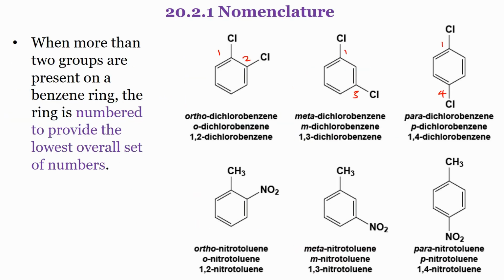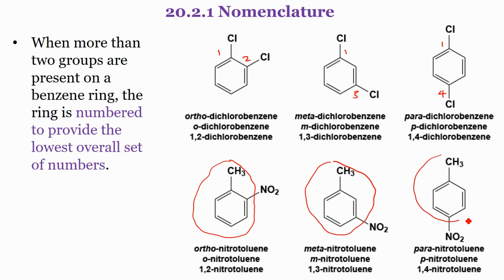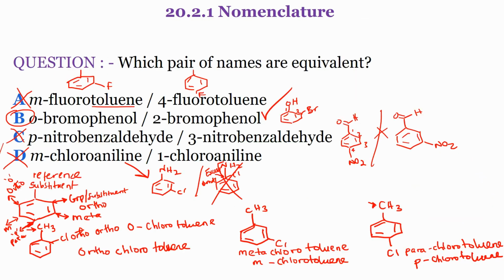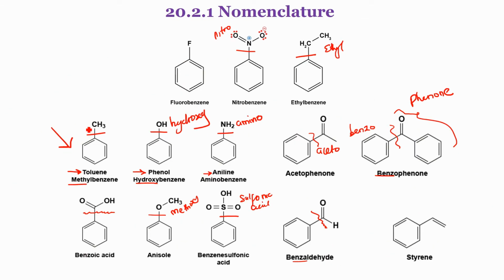Okay, so this slide is just showing you the numbering systems. So where you have similar groups, pick one to be a reference, the other one will be a substituent group. But the main thing you want to know is whenever you have a mixture, always identify your parent ring. The way to know your parent ring is to know these common ones. I'm gonna mark the common parent rings: toluene, phenol, aniline.